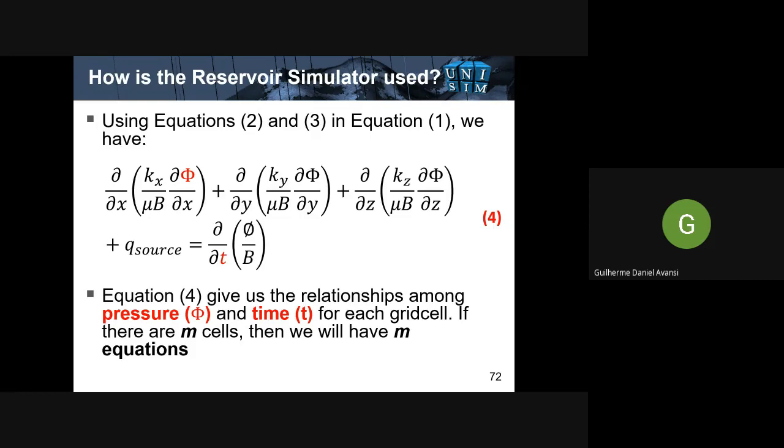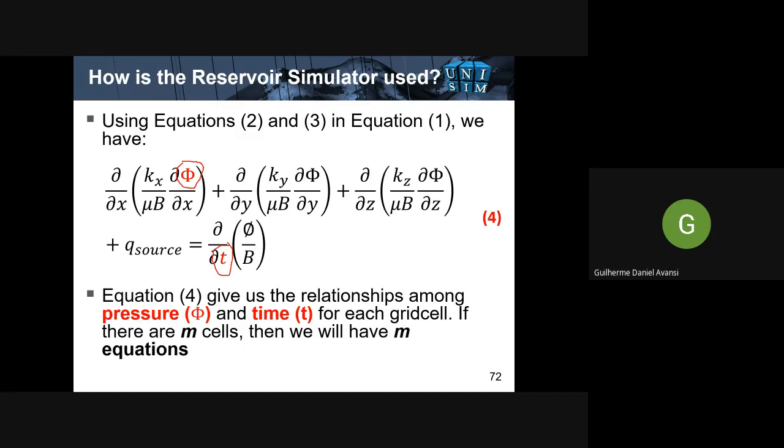The flux here relates to the fluid getting in or going out from the grid cell, the q source here, and the accumulated mass here. So we have the relationship now with pressure and time. So this is the general equation that the simulator wants to solve, in pressure and time.